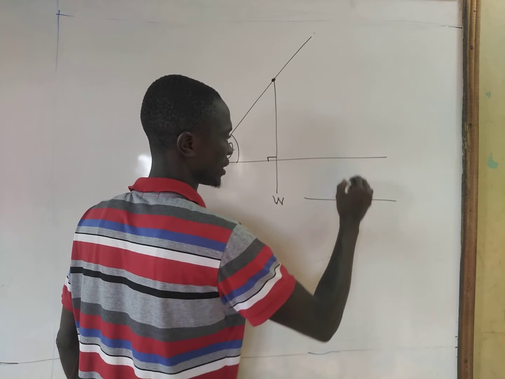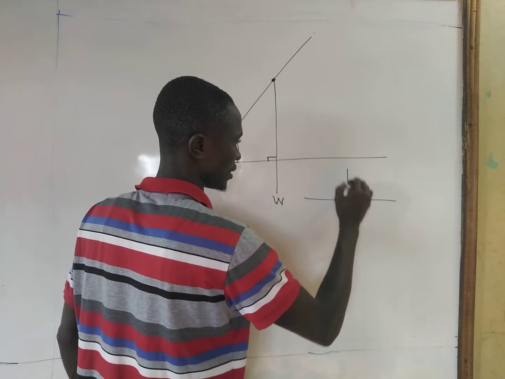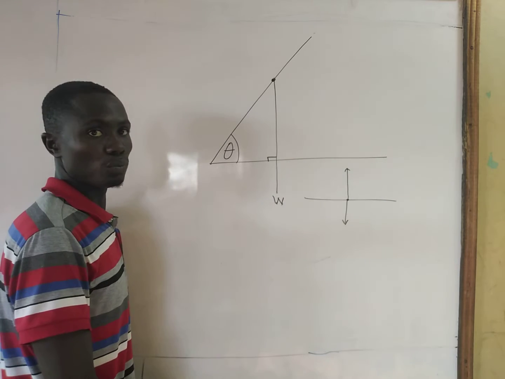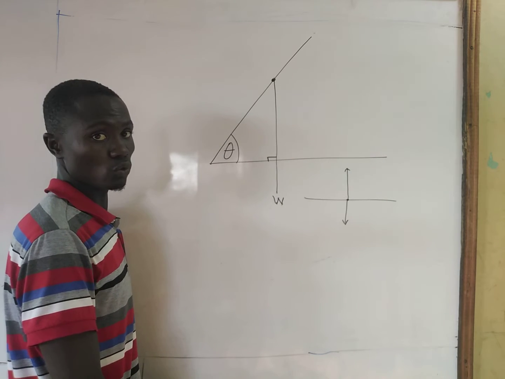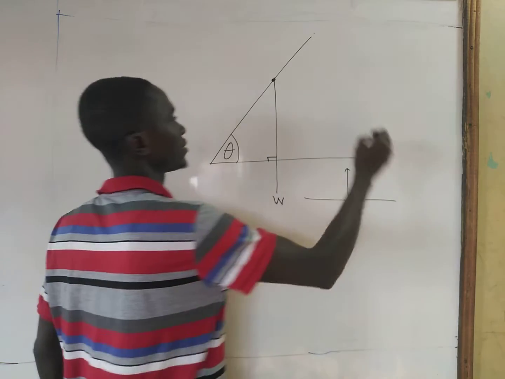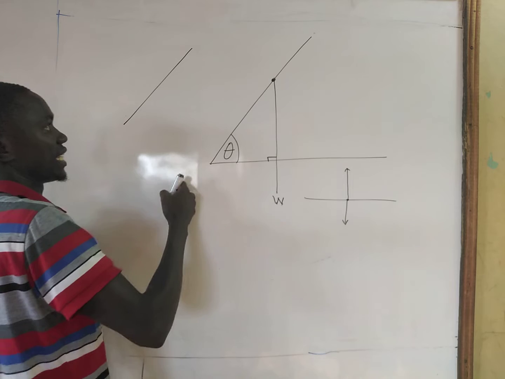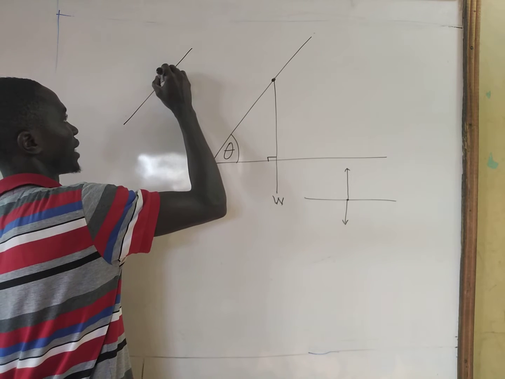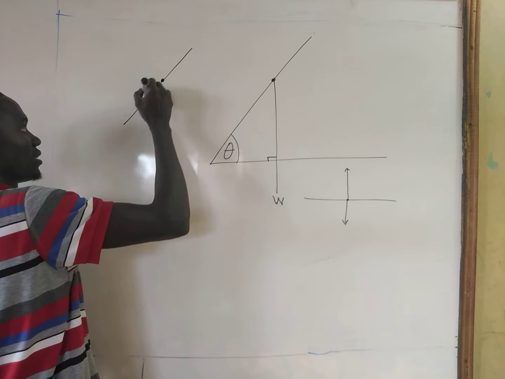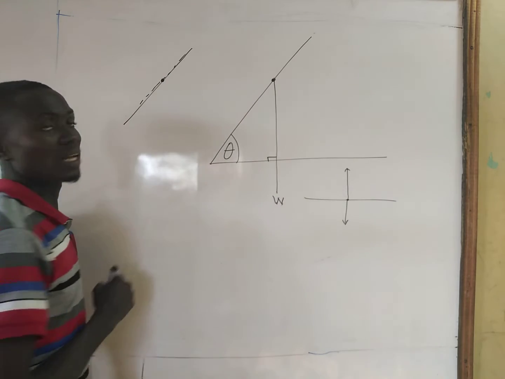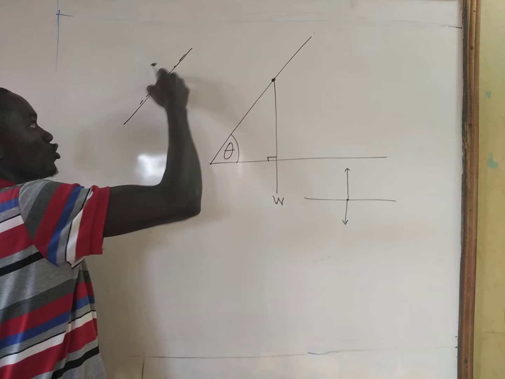If it is lying on the horizontal, you see that the normal reaction and the weight will be in line. But here, the plane is being inclined, so it looks like the body is falling down, or it looks like the body is climbing upwards, or moving upwards, or moving down.